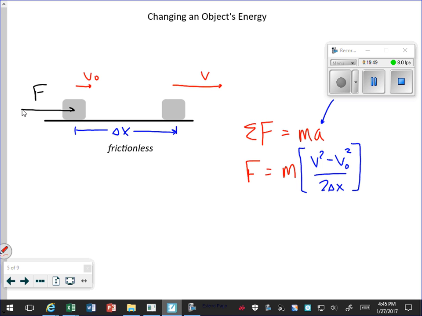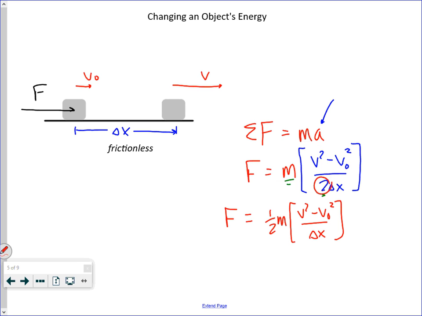Now you can start to notice that, well, look, we got an m and a divided by 2 and some v squared. So this is starting to look like, what if I did this? Take this, 1/2 m, and then I've still got this v squared minus v naught squared over delta x. But now it's really looking like some kinetic energy sort of stuff, right?